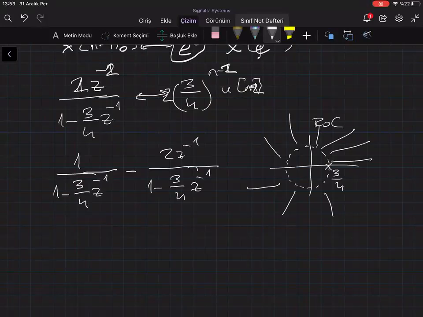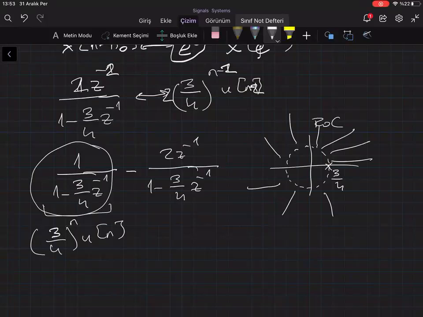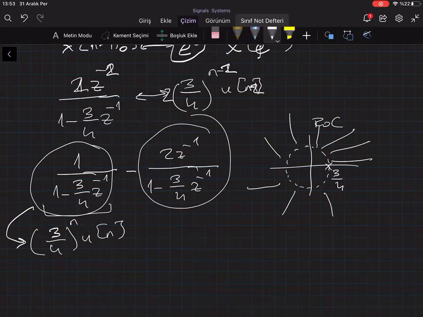For this, I came here and said, okay, this is a right-sided sequence, so it should be this. Because if this is a right-sided z transform, it should be a right-sided sequence. Again, this part should also be right-sided because there is no left-sided kind of shading plotted over here.